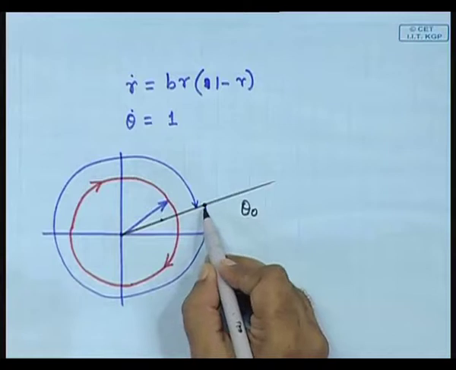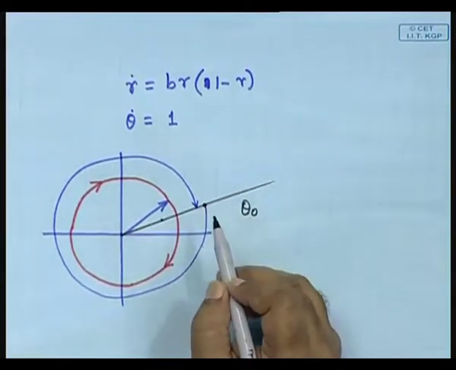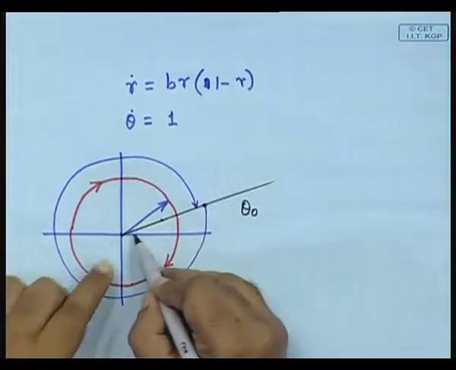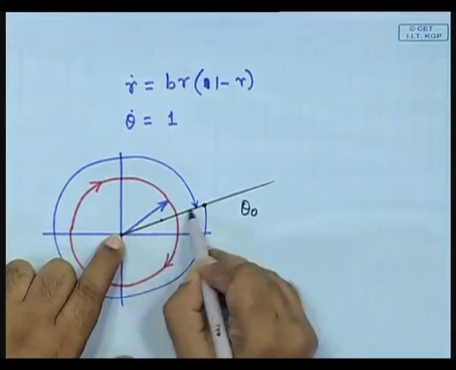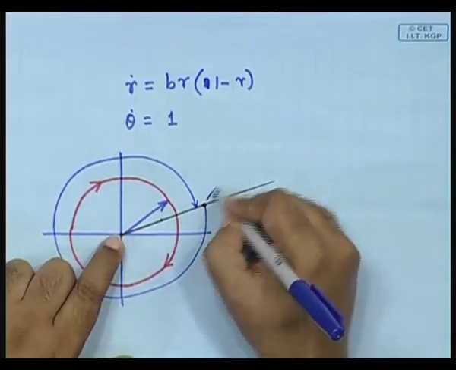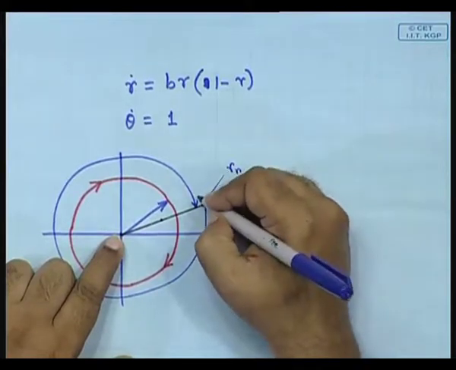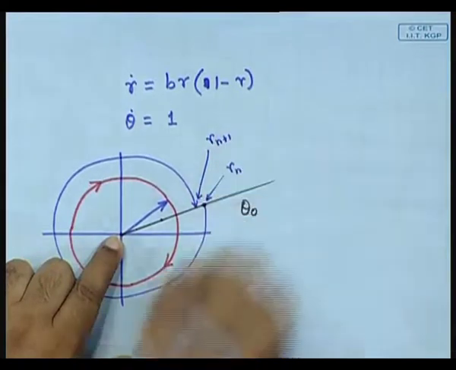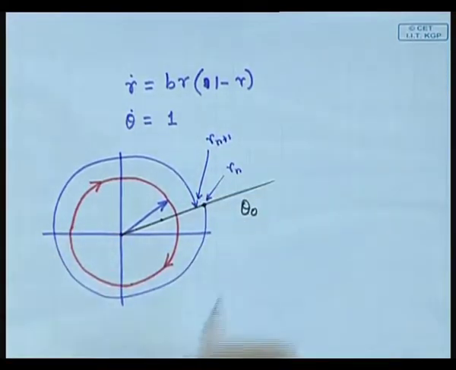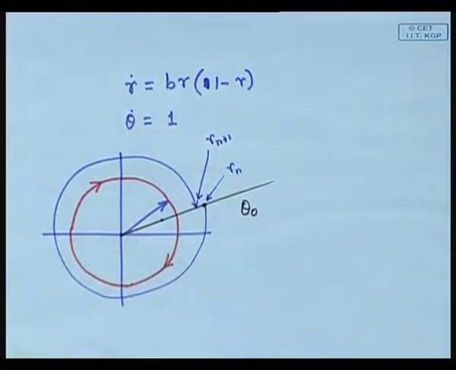We have already decided that r dot is negative if it is outside. So, it landed here. What are you trying to find out? We are trying to find out how this r initial maps to the r final. So, this point is r n, the nth point say, and this point is r n plus 1. So, our objective now is to find out r n plus 1 in terms of r n. That will do, fine.